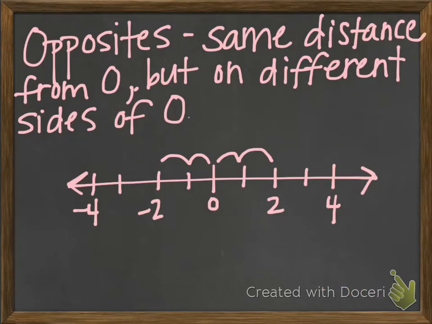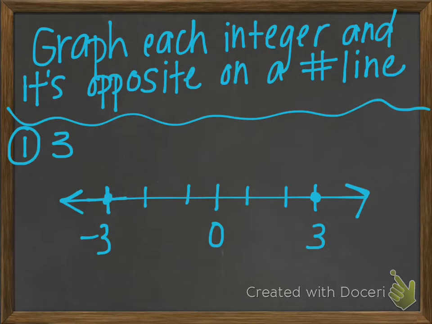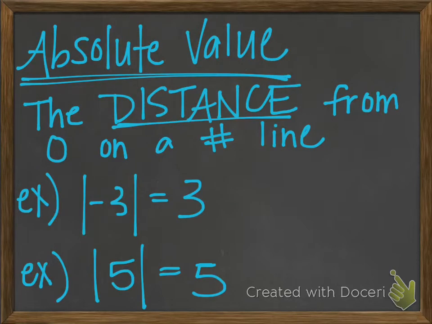You should have written opposites as the same distance from 0, but on different sides of 0. You need to have an example of graphing opposites on a number line in your class notes. You also really need to have that absolute value is the distance from 0 on a number line, and a few examples.